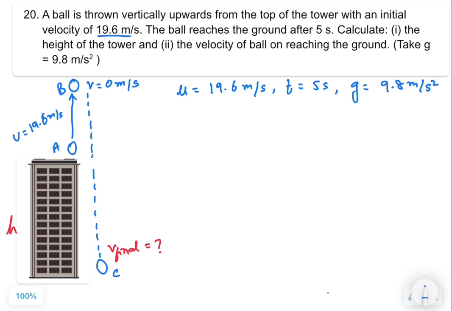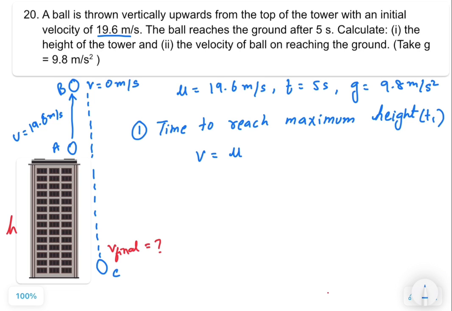We need to do multiple steps to get our answers. First, we need to find the time to reach maximum height. Let me call this t1.